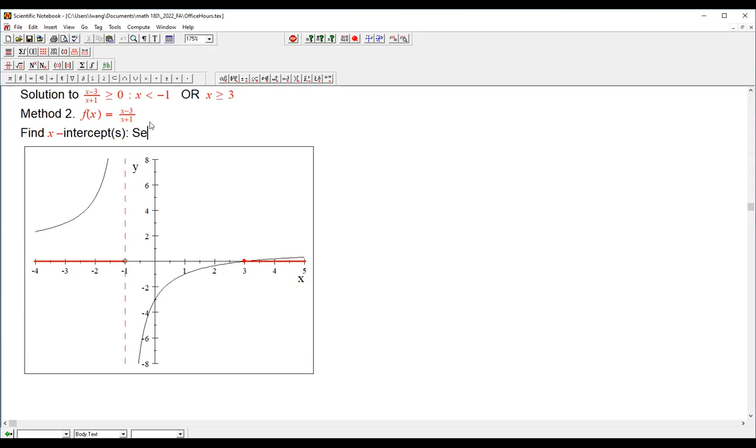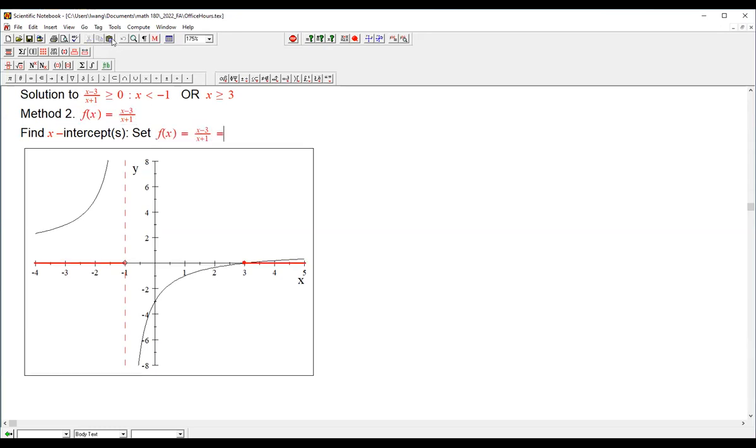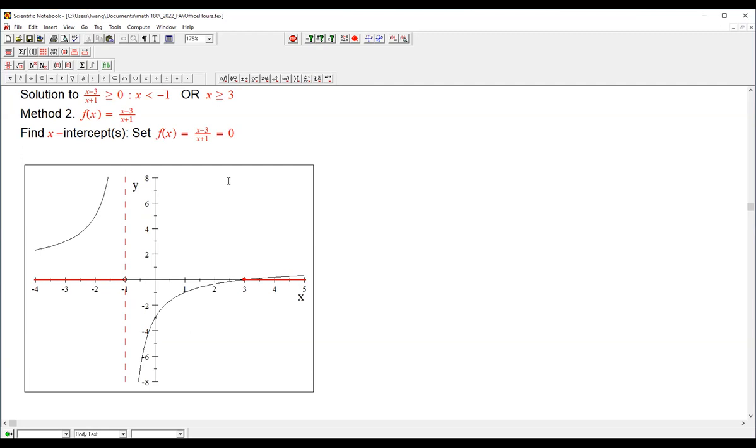So you're also going to set the output equal to 0. The denominator cannot be 0, because we know the domain is x cannot be equal to -1.